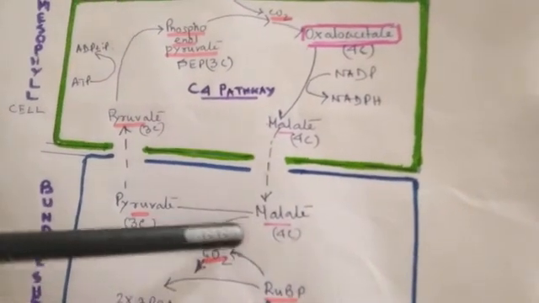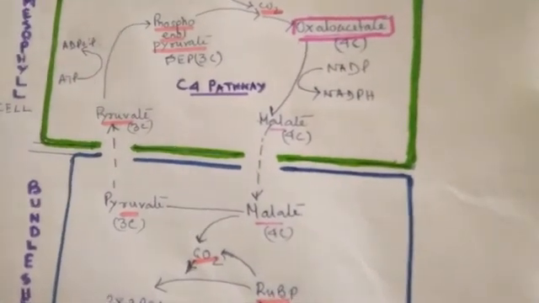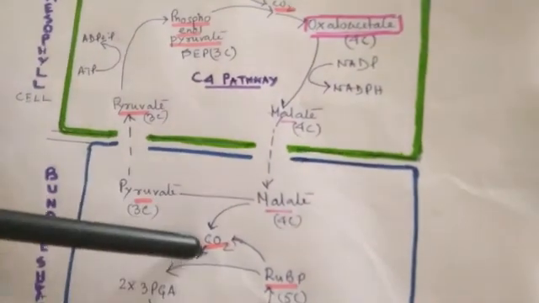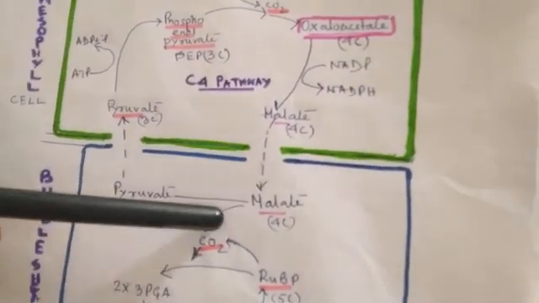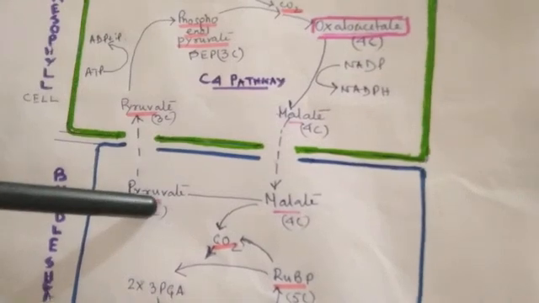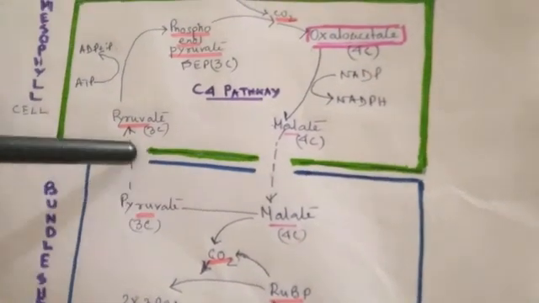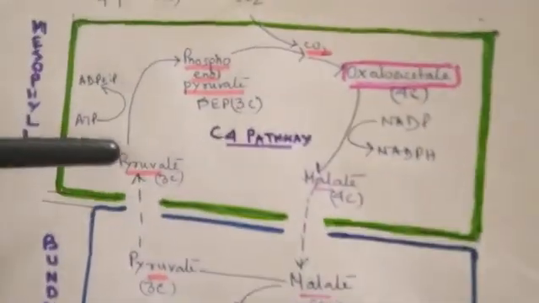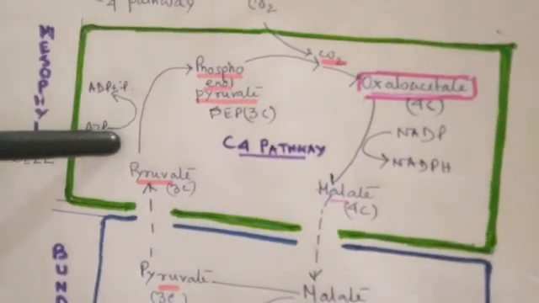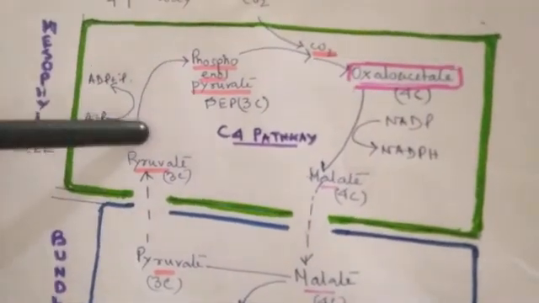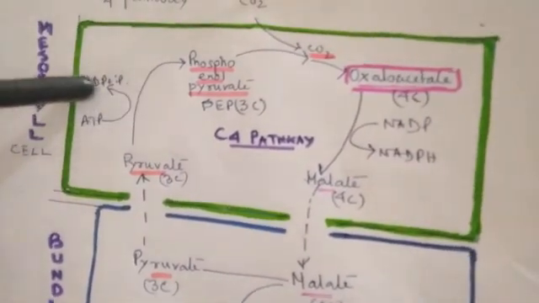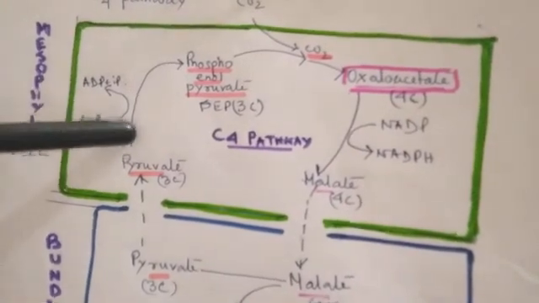In the bundle sheath cells, malate releases carbon dioxide and forms the 3-carbon compound pyruvate, and therefore it forms phosphoenol pyruvate. Clear? And ATP is utilized during formation of this phosphoenol pyruvate, with the release of ADP.